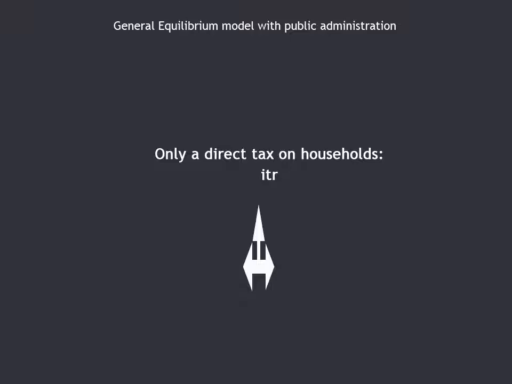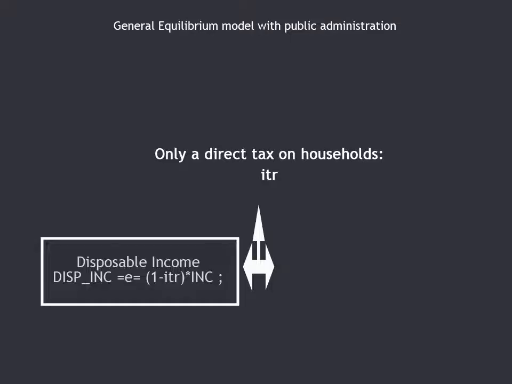So in fact, the household has an income coming from the ownership of productive factors. This income was called INC. And so it means that with this income tax rate, the household cannot allocate the total income to its consumption. It can only allocate a part of this income.